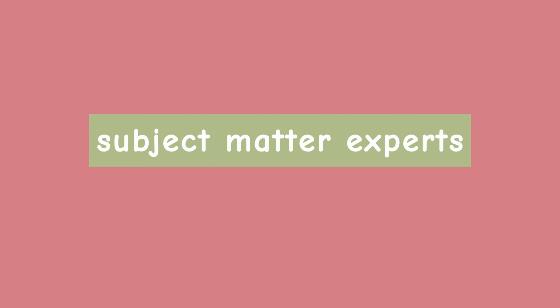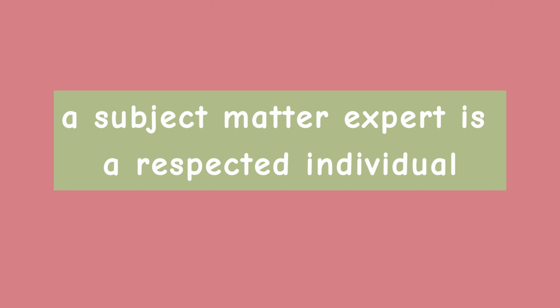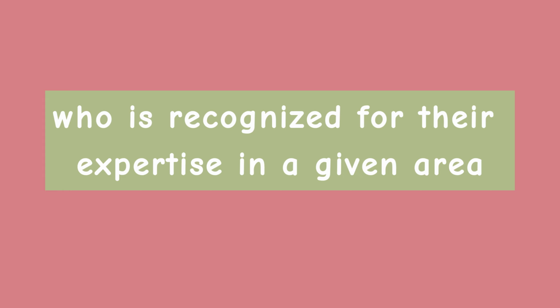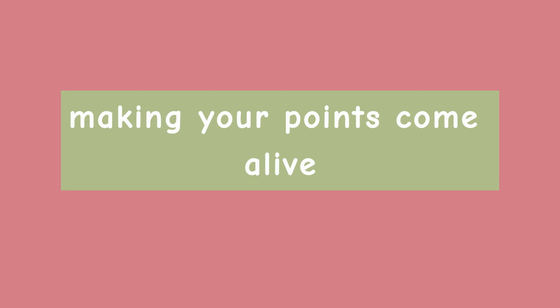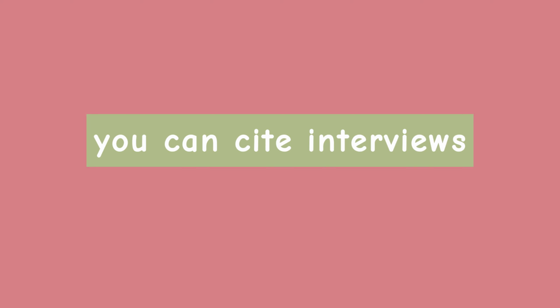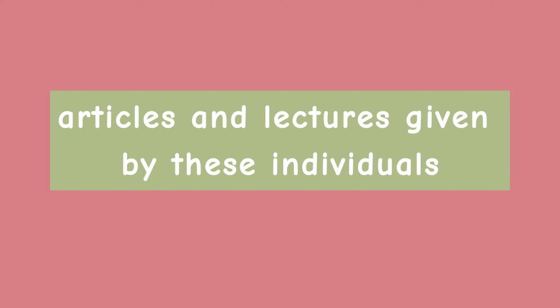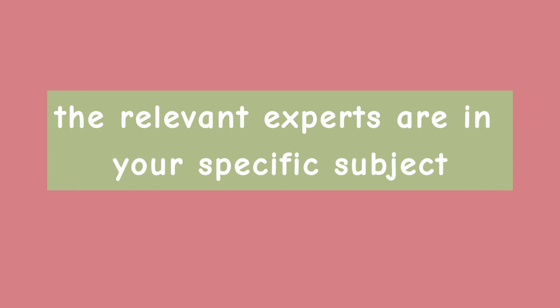Subject matter experts. A subject matter expert is a respected individual who is recognized for their expertise in a given area. Citing them is a great way of making your points come alive. You can cite interviews, articles, and lectures given by these individuals. So, always check out who the relevant experts are in your specific subject.